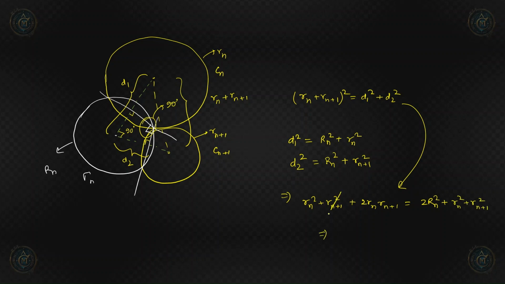So these terms cancel and we get capital Rn equal to root under small rn times small rn plus 1. That means capital Rn must be the geometric mean of small rn and small rn plus 1.